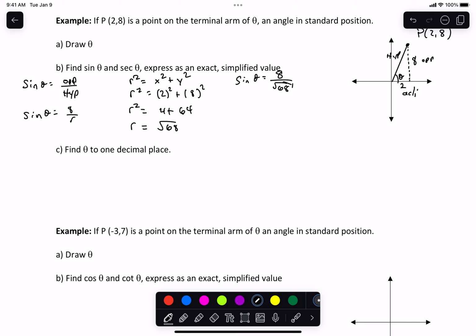For how many of us like the look of that answer right now? Square roots have names, it starts with an R. Radicals. Do we ever leave an answer with a radical in the denominator? No. How do I get rid of it?